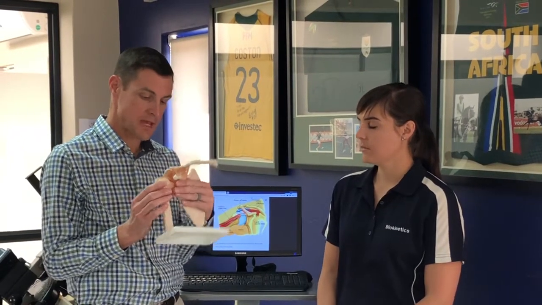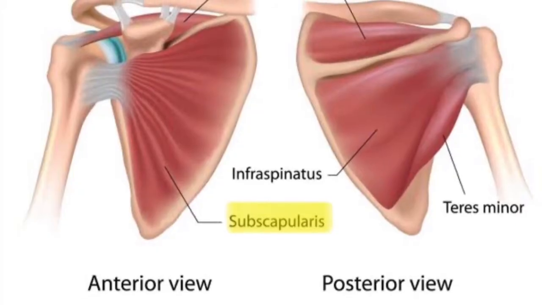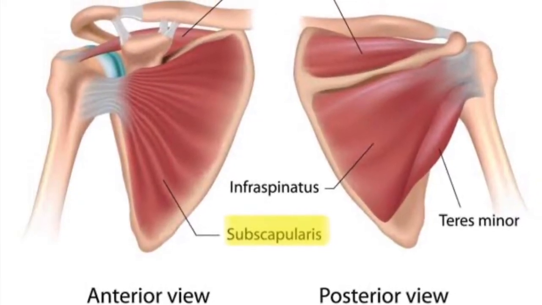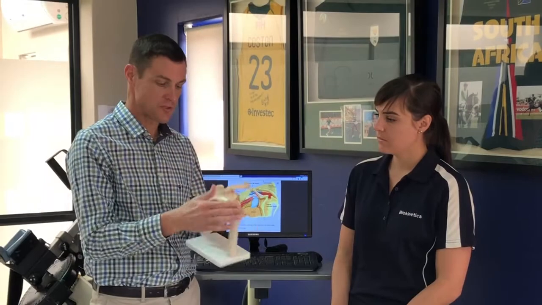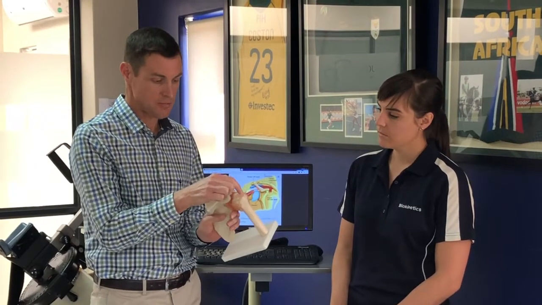Your subscapularis muscle on the front of the scapula attaches onto your lesser tuberosity, and when your subscap contracts, you have an internal rotation movement. As opposed to your supraspinatus, which lies on the top of your scapula and attaches onto the top of the humerus.